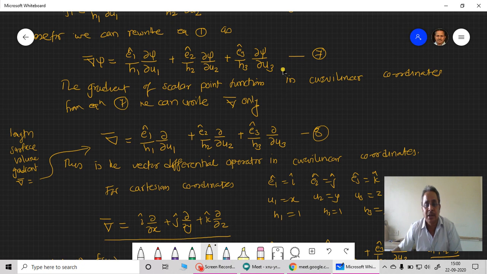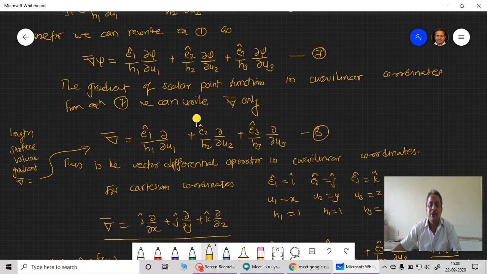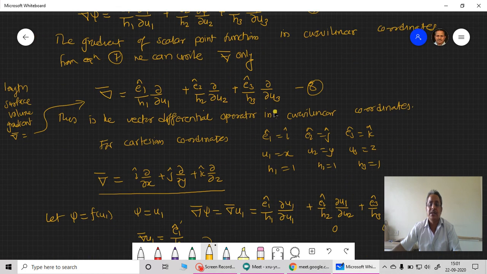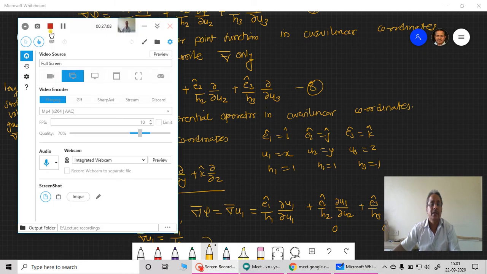That gives you the gradient of a scalar point function in this generalized curvilinear coordinate system, and this is the vector differential operator which we have defined, and we have tested it for the Cartesian coordinate system with these numbers. I get the same vector differential operator which we have used several times earlier. Okay, now I'm stopping this recording here for the first lecture, first part, and the second part we will go for just now.